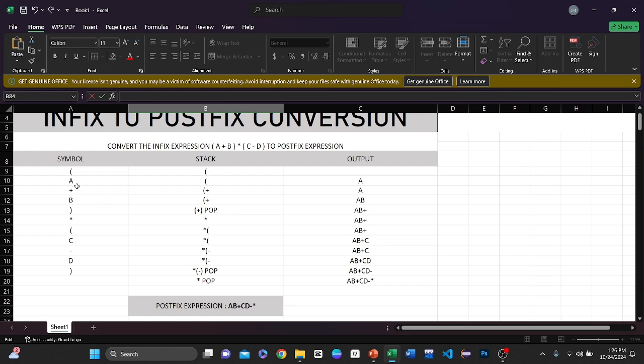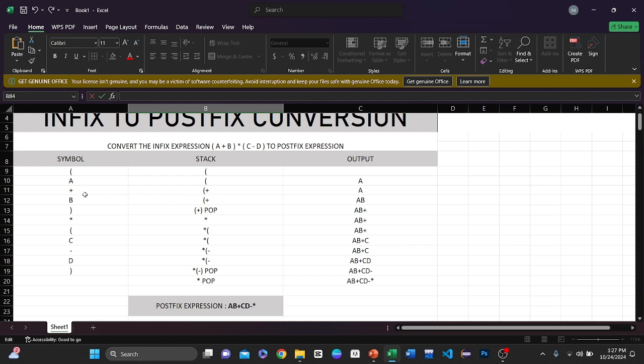Next is the operand A. A is an operand, so A should be put in the output, and we copy it there. Next is the plus, or the addition.